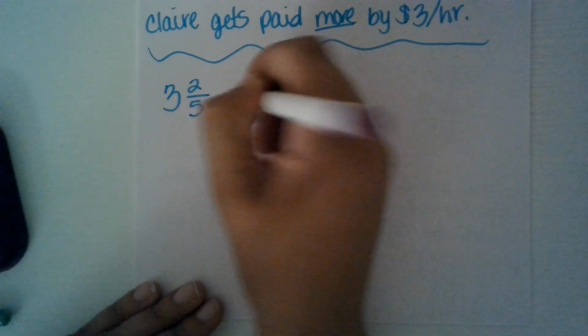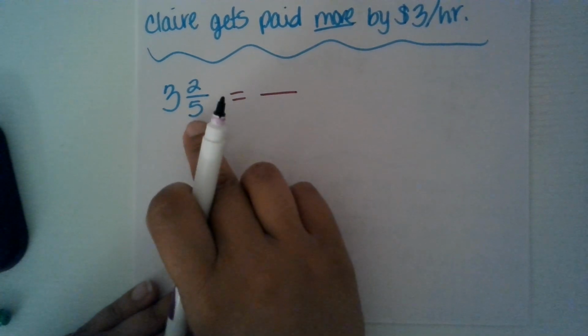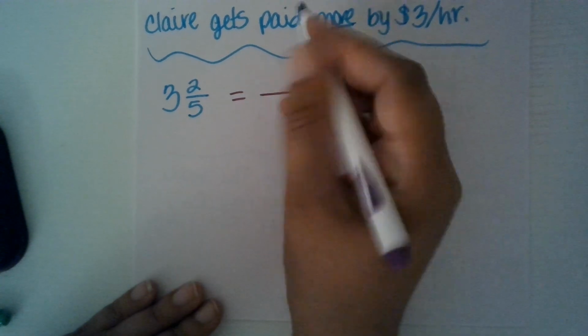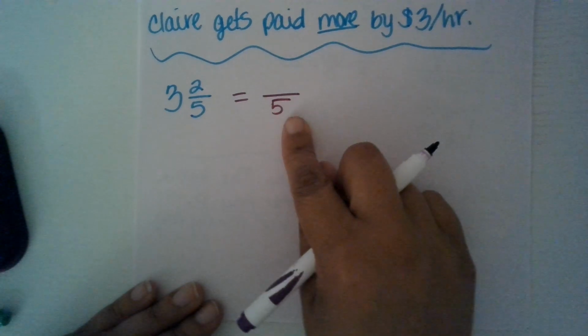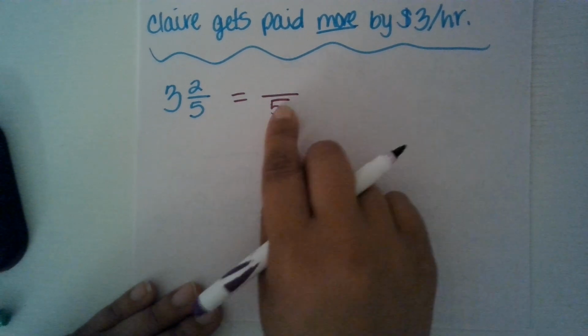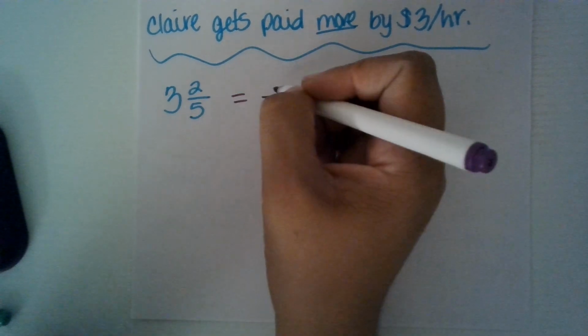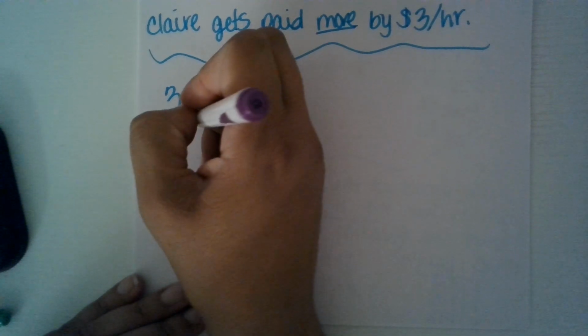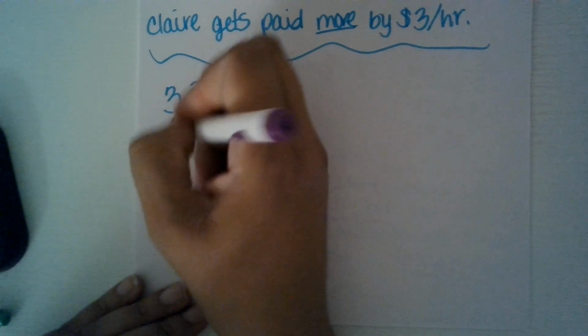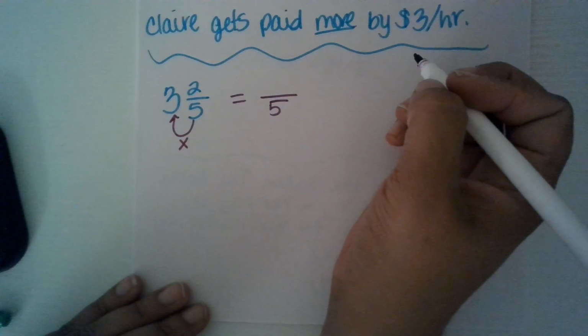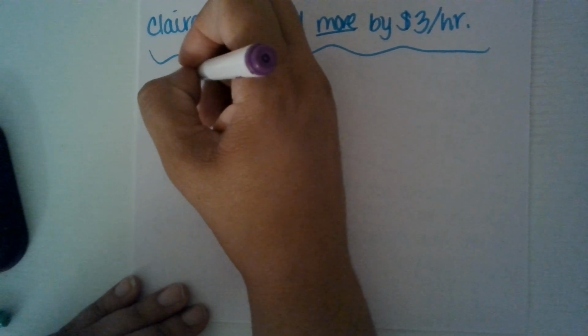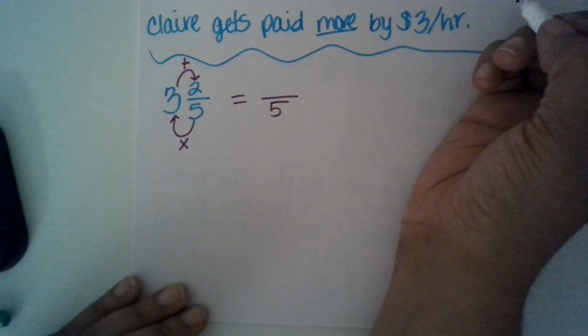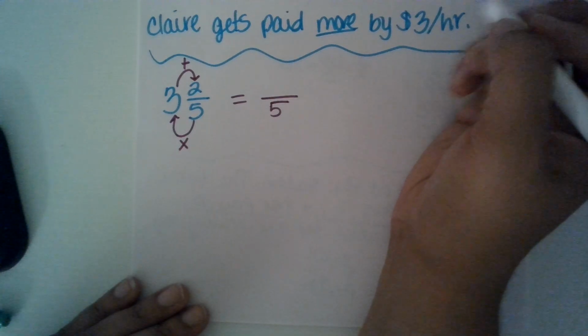So, for sure, whatever your denominator is here, it is going to be the same at the end of the day, okay? Still going to be 5. So, to find a numerator, you need to take your denominator and multiply by your whole number. And then you need to add that answer to the numerator.